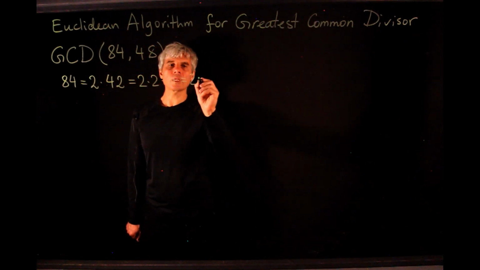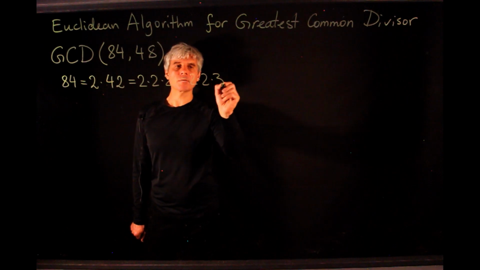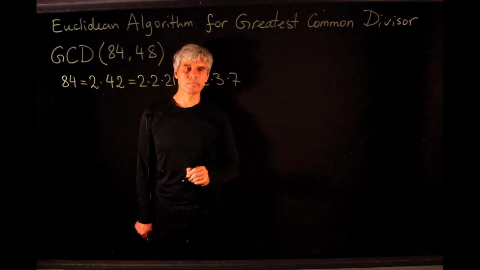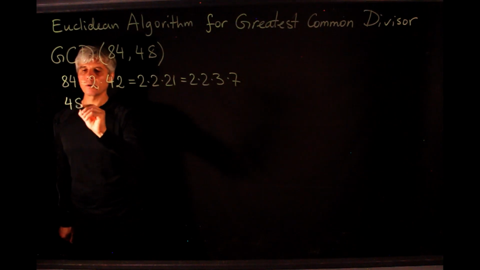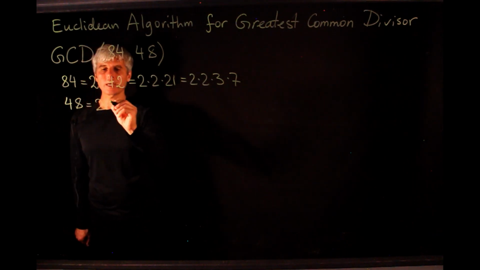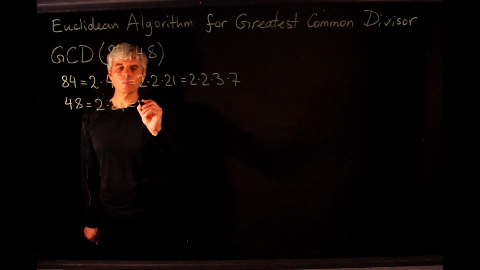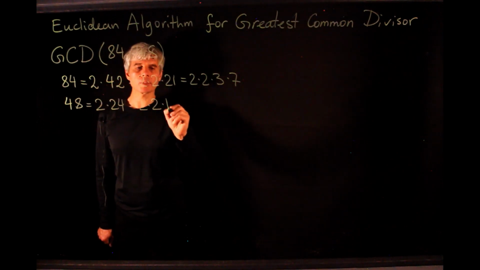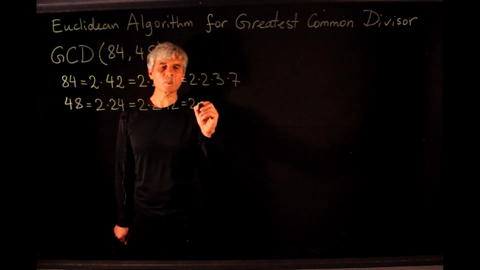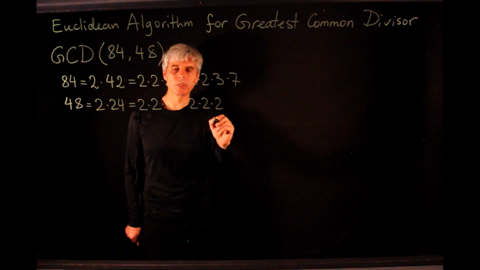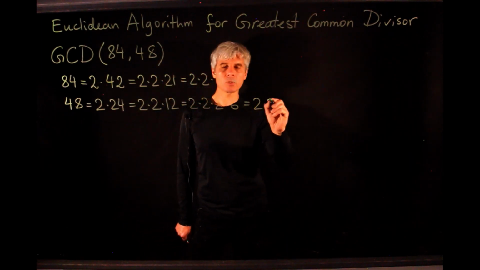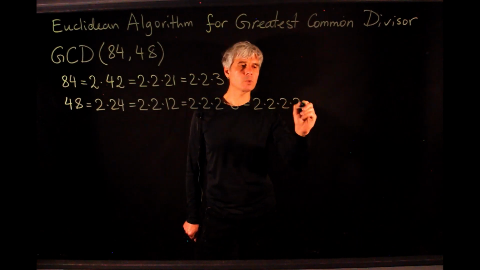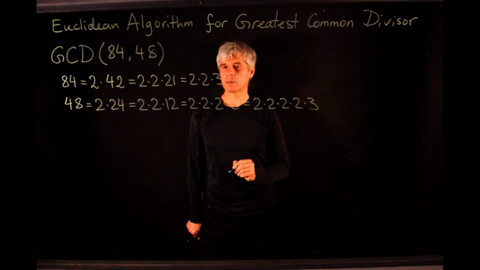This is 2 times 2 times 3 times 7. And what is 48? 48 is 2 times 24, which is 2 times 2 times 12, which is 2 times 2 times 2 times 6, which is 2 times 2 times 2 times 2 times 3, right?